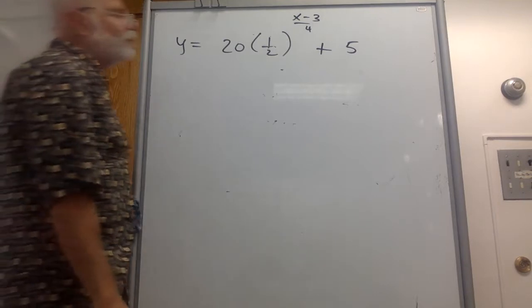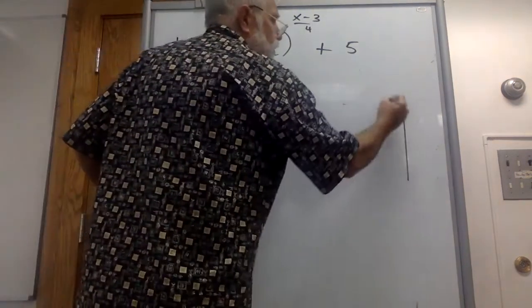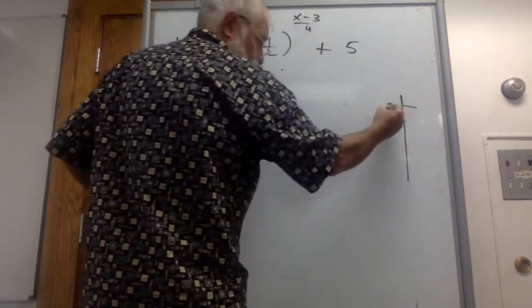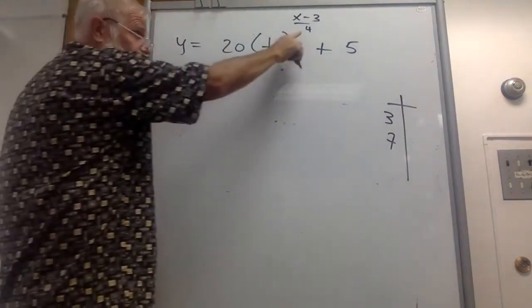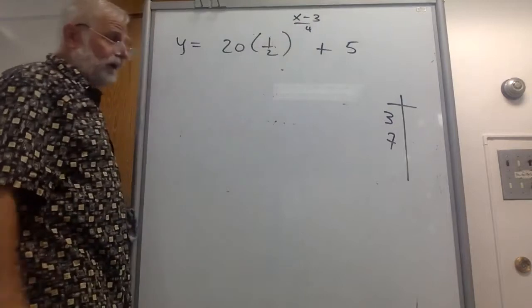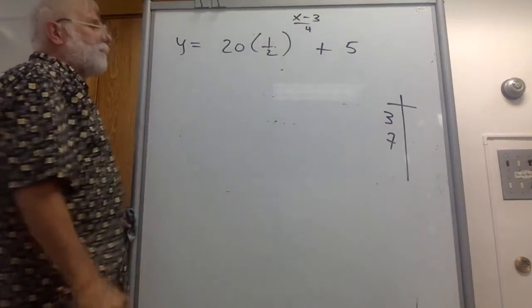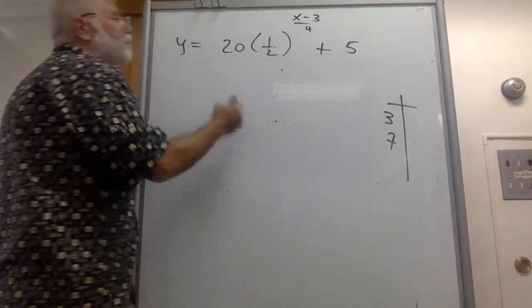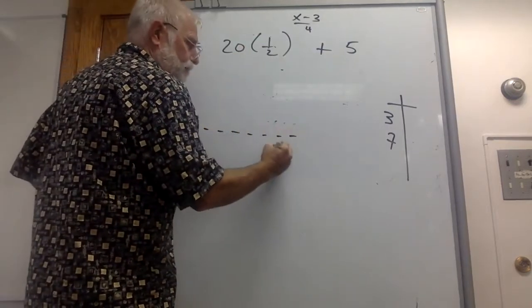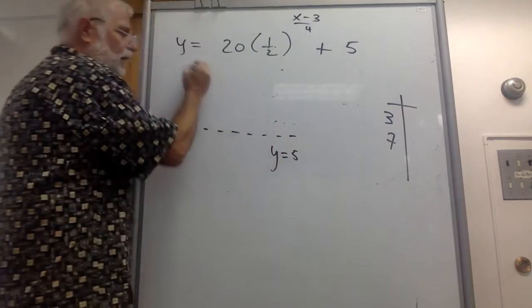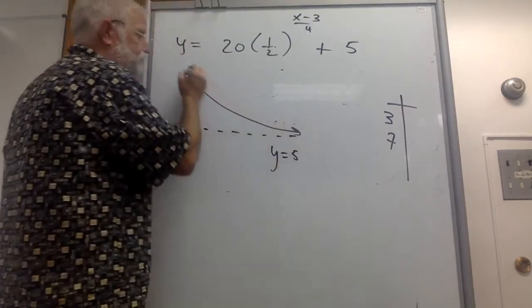Okay, so I need 2 points. And the x's I'm going to use are 3 and 7. Those are the 2 x's I want. This number tells you how much to change the first one by. I have exponential decay on top of 5, so all of my y values are bigger than 5.